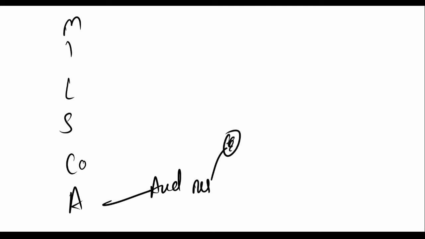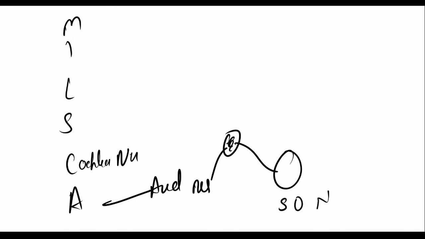So C stands for cochlear nucleus, from which it has to be relayed to the S, superior olivary nucleus, which ascends via the lateral lemniscus.